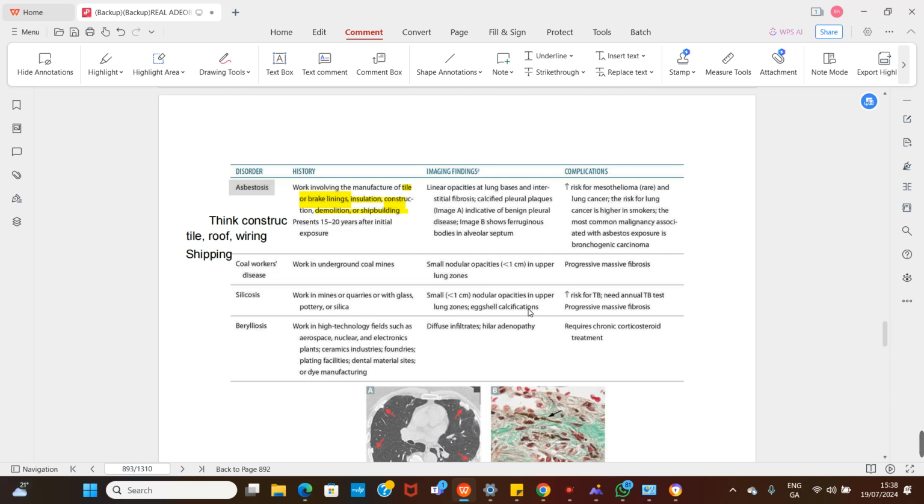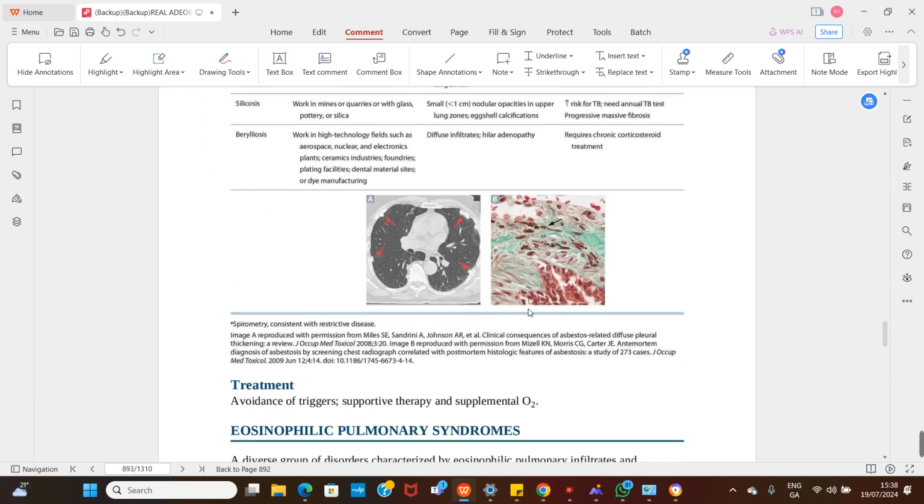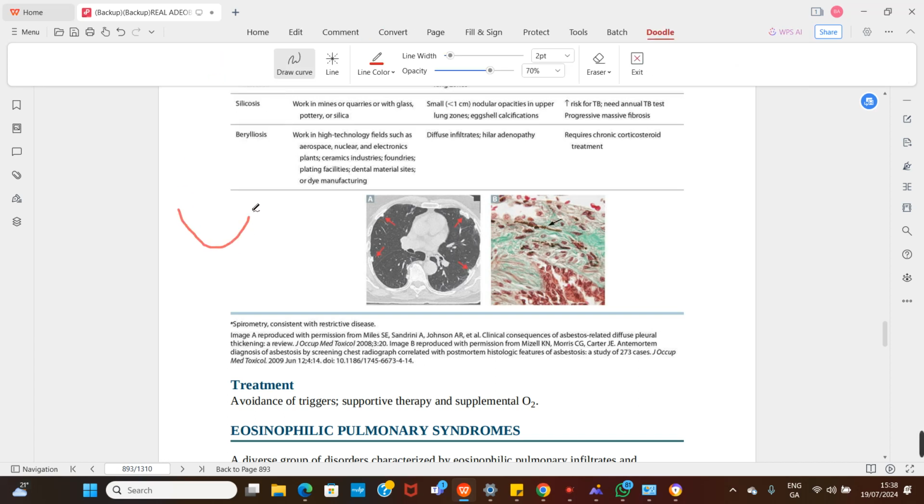You are going to be seeing supradiaphragmatic and pleural plaques, which have this ivory white appearance. It looks ivory white. So pleural. These are the pleural plaques. This white stuff here. 1, 2, 3, 4. And if you look at the lungs, this is the lungs.